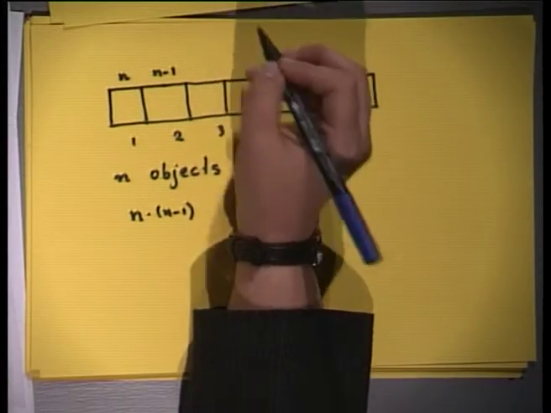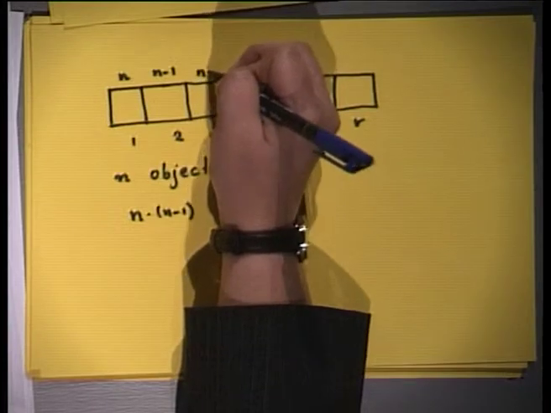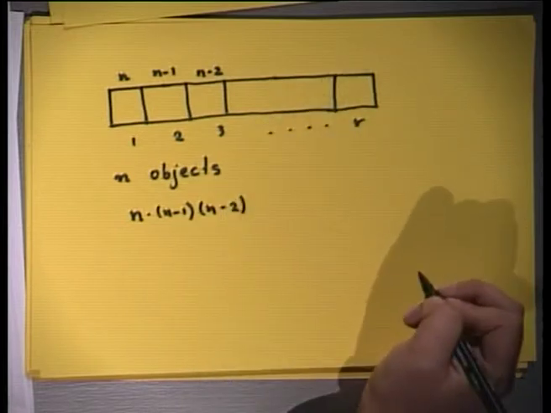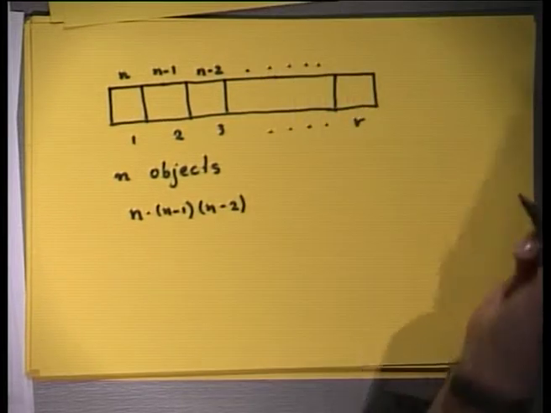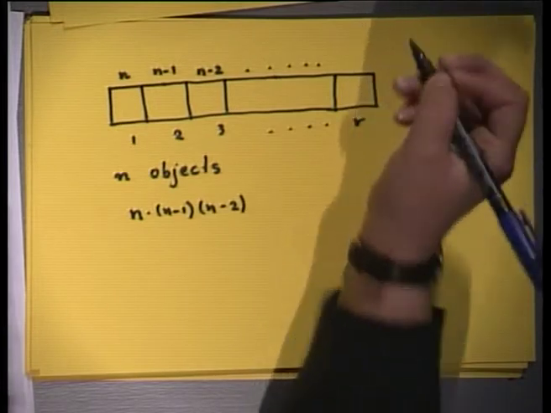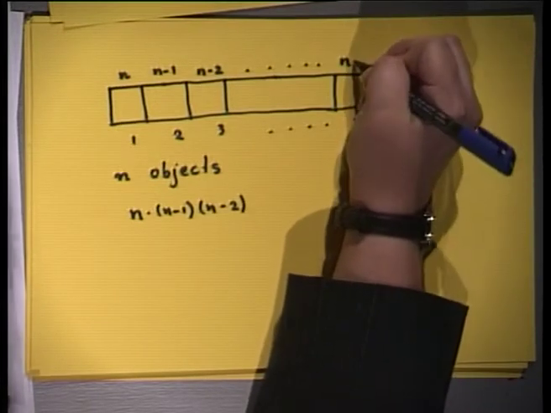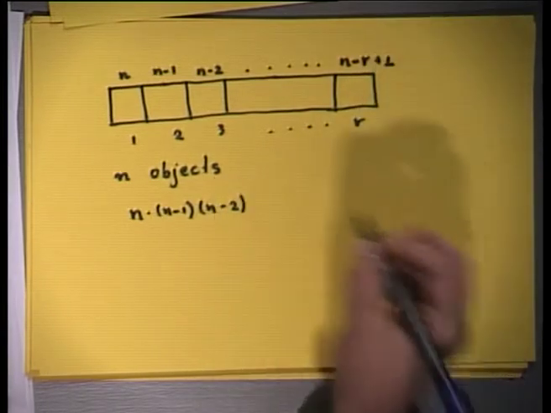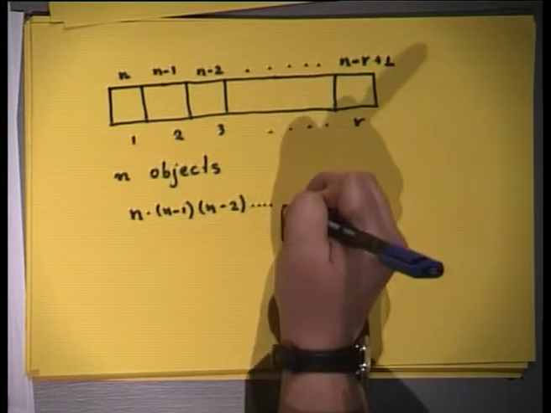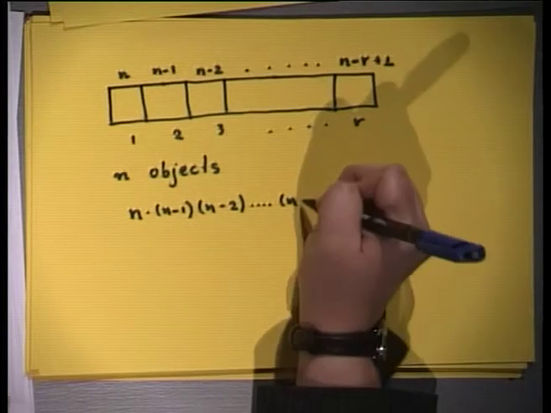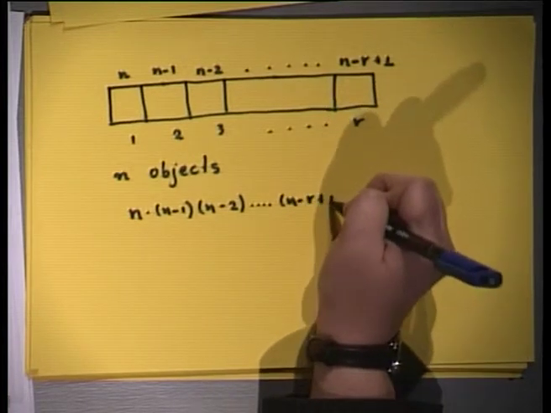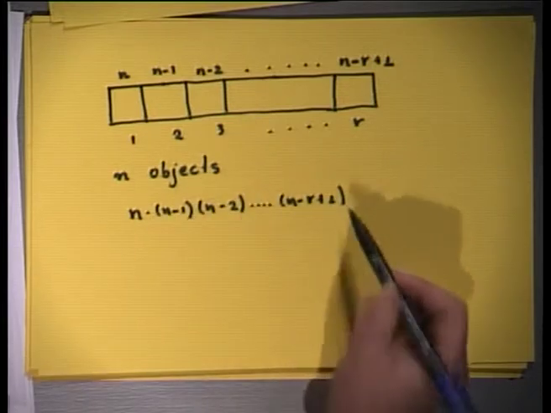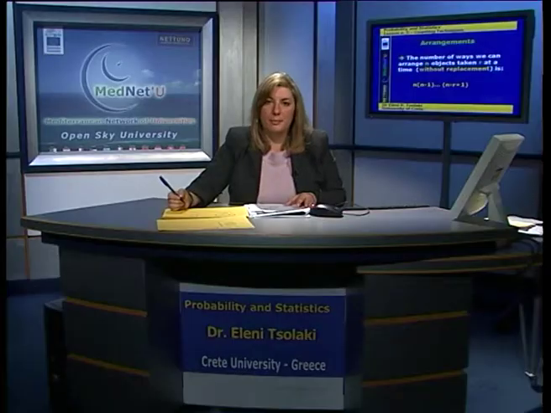For box number 3, we are going to have n minus 2 different objects. Going on like this, we see that for the last box, there are n minus r plus 1 different objects left, and thus the total number of outcomes will be the product of these numbers.